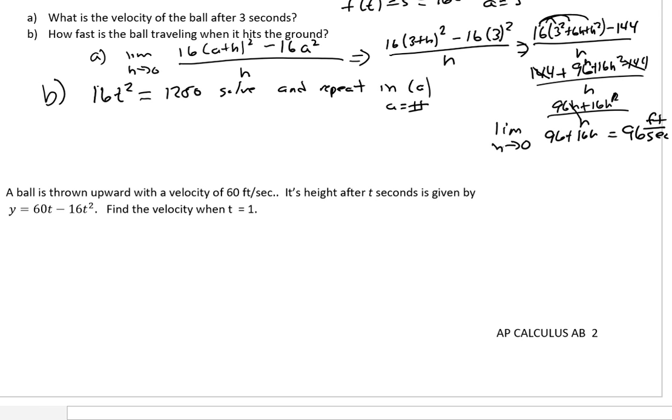To find the velocity, we take the limit as h approaches 0 of 60 times 1 plus h, because we're going to plug in the 1, minus 16 times 1 plus h squared, minus 60 times 1 minus 16 times 1 squared, all over h.